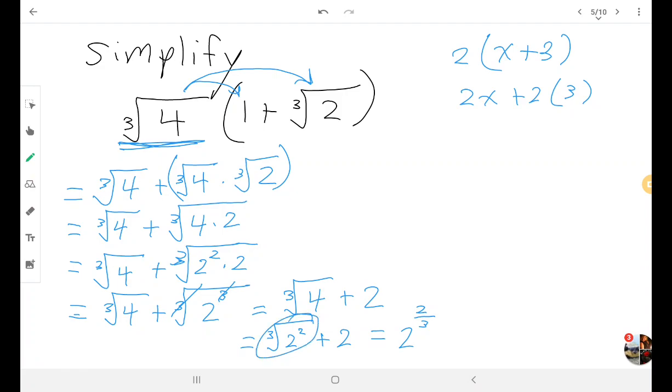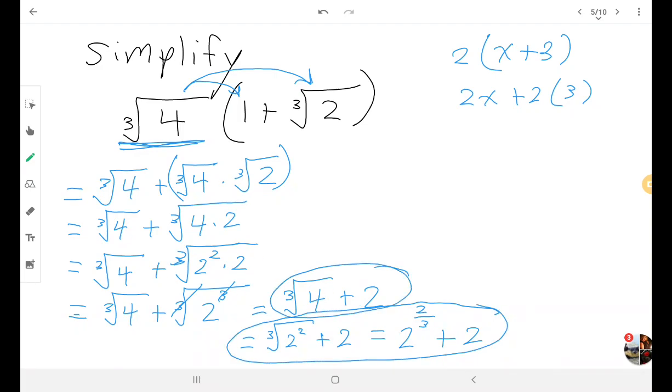I could rewrite this as a fractional exponent. Remember, the power goes on top, the root goes on bottom, and then plus 2. And these two forms are about as simple as I could write it. You could even write it this way. Any of those is a correct answer, but you just don't know which one's going to show up.